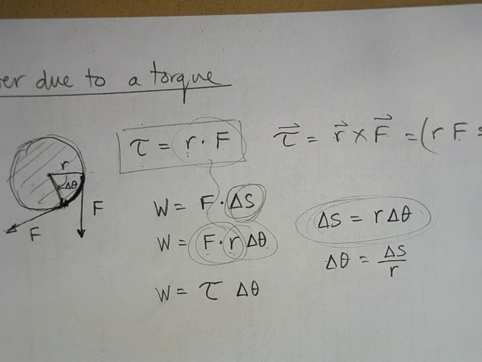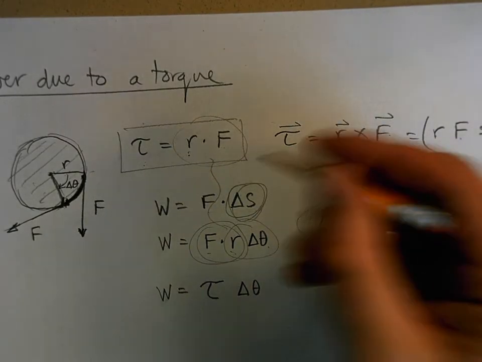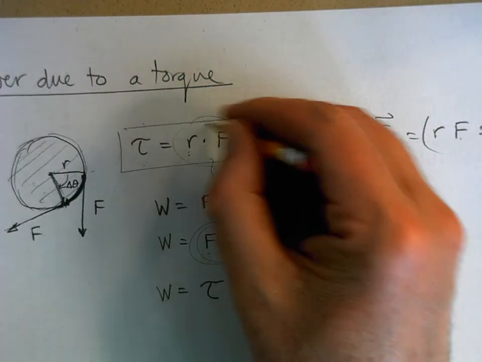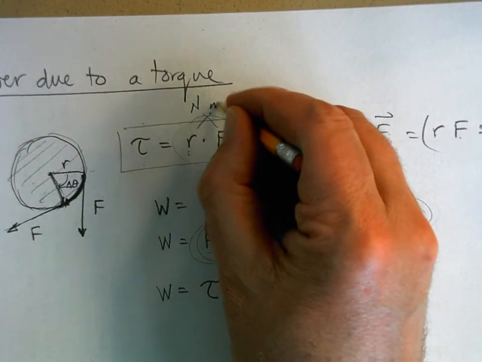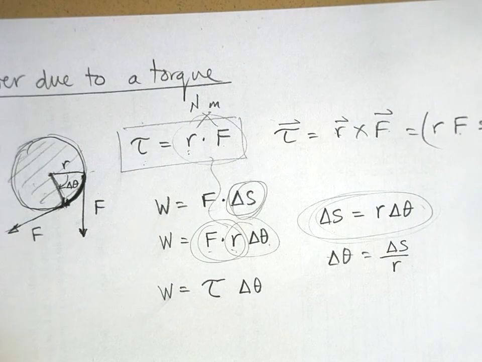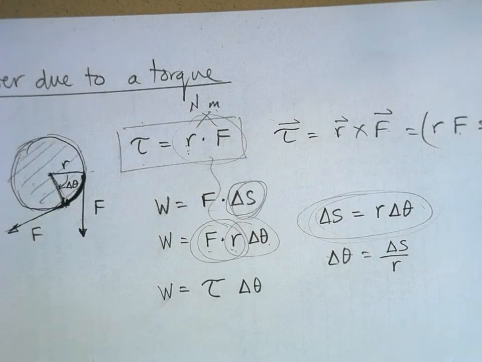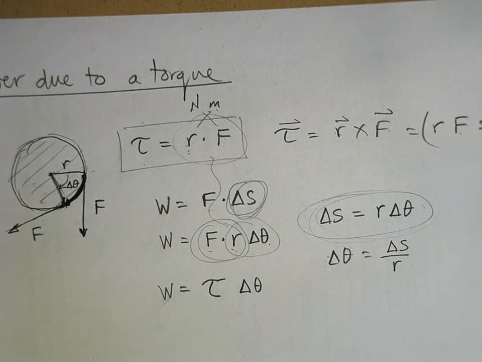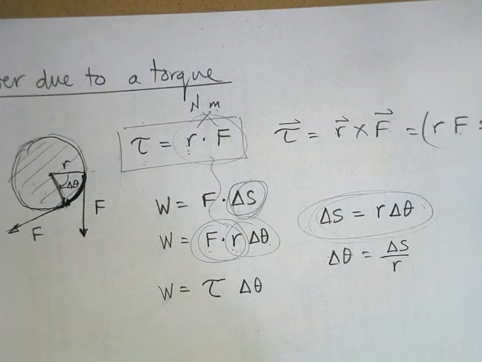Now, remember when we defined torque, this was newtons, and this was meters. Force is measured in newtons, and R is measured in meters. So how come a torque isn't a unit of energy? Because you have to think of this as newton meters per radian. But we haven't multiplied by a radian yet.